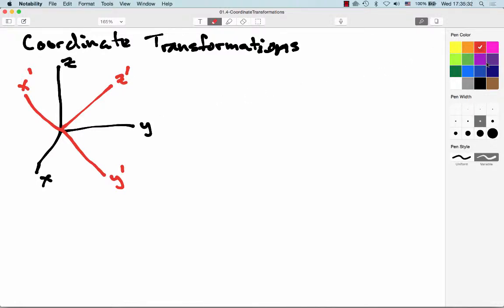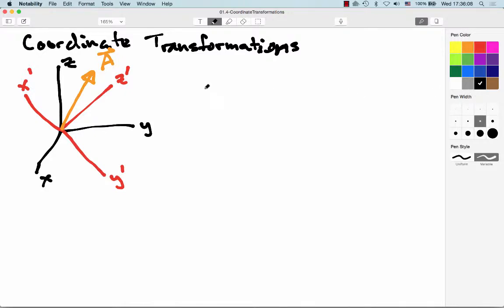Now we're going to be interested in looking at some arbitrary vector A. And we'll be expressing this differently in the two coordinate systems. Now it's important to realize this is still the same vector. The laws of nature don't depend on the coordinate system that we choose to study things in. So this is still the same vector, just with a different representation.